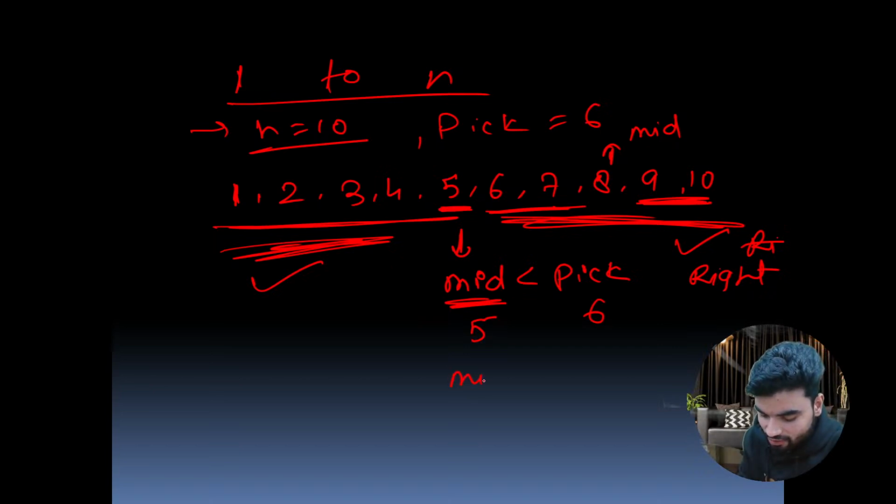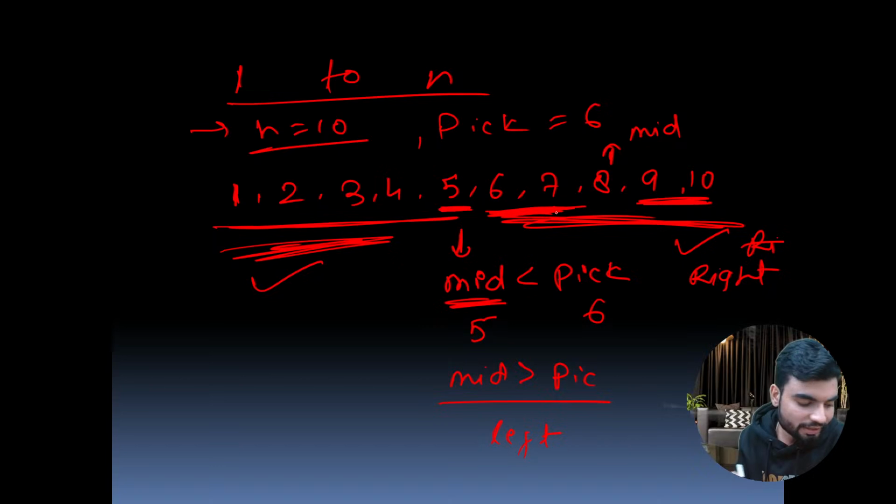If mid is greater than the picked value, I'll search in the left. You will search in the left, because if the mid is greater, the numbers at the left side are lower values, and the pick is less than mid, so we'll search in the left part. Yes or no? So that was the logic of binary search, which you already know, right? So that's what we will do.